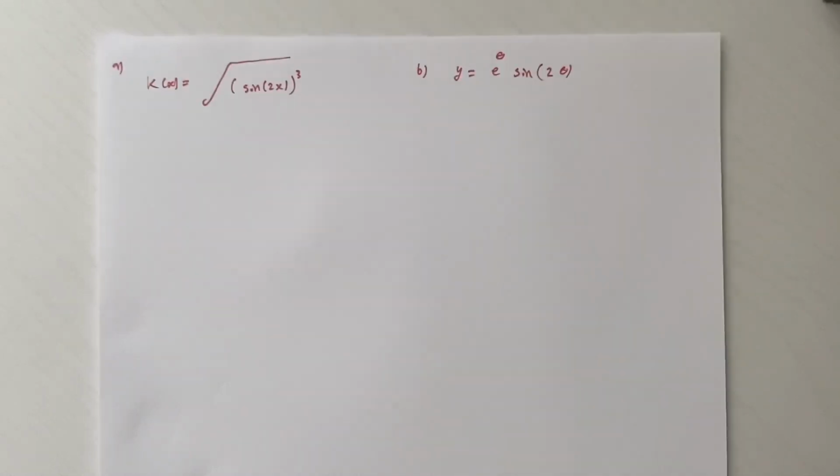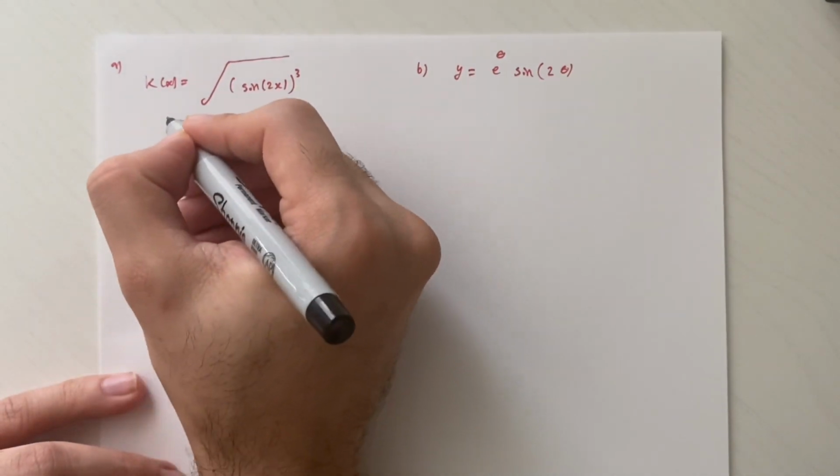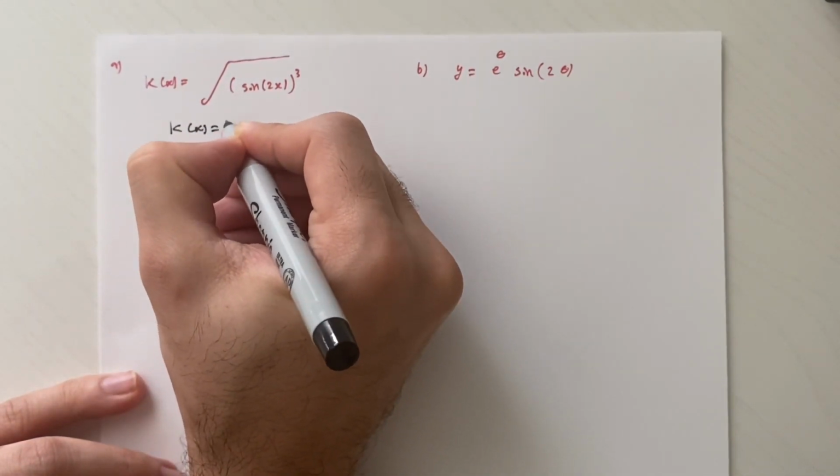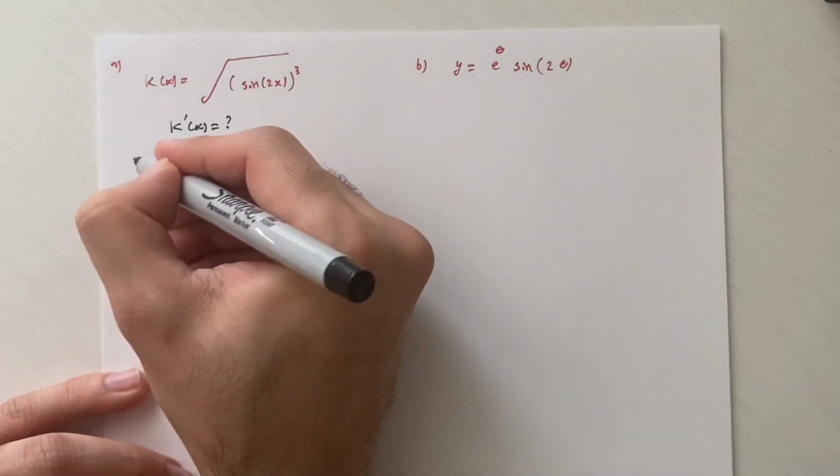So we have these functions and we want to differentiate them. In case of a, we have k of x equal to the square root of sine 2x, all to the power of 3 over 2. To take the derivative, first we need to rewrite this function.